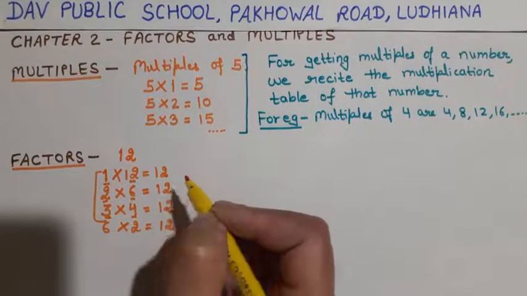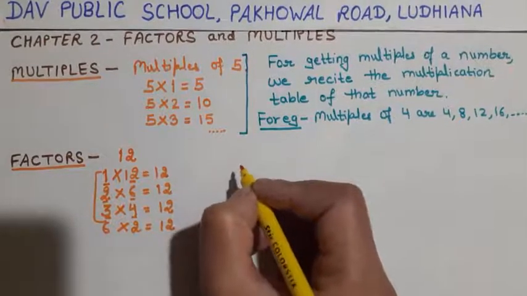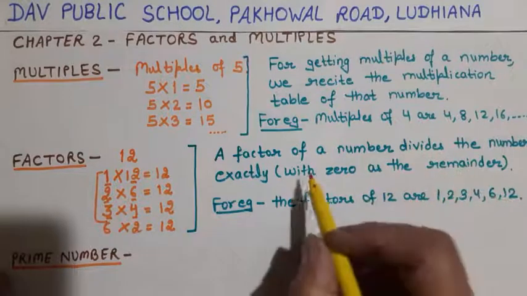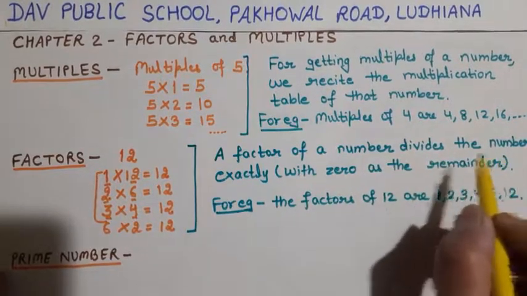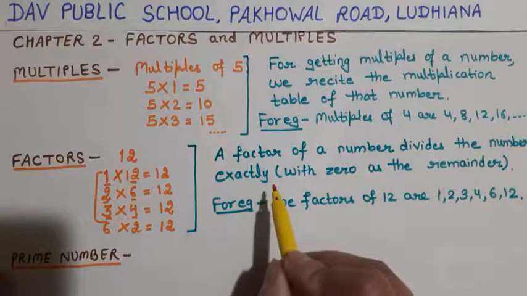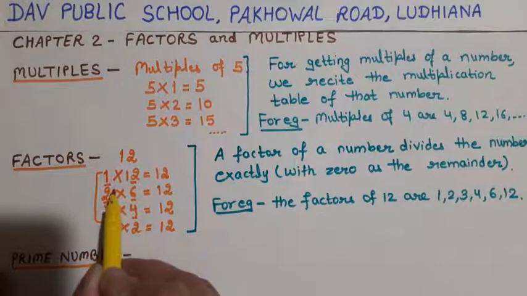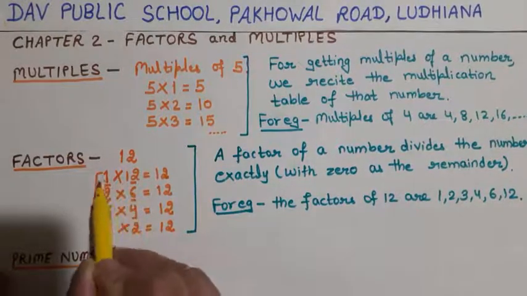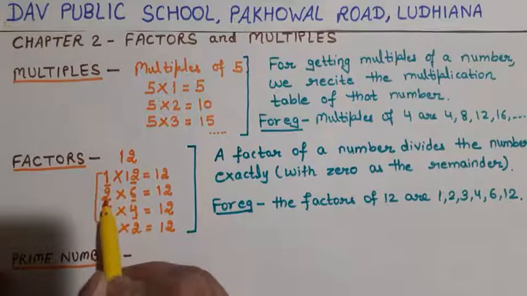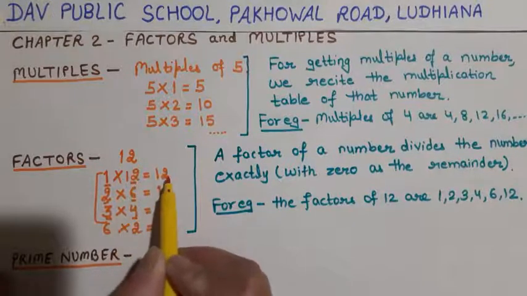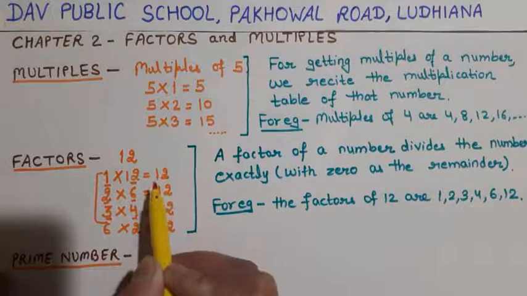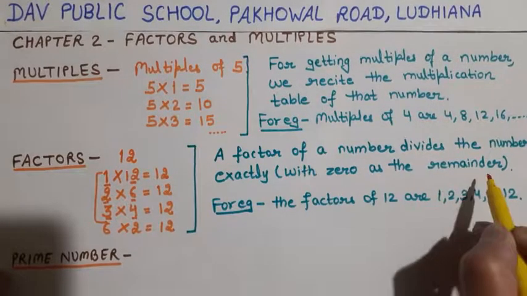Okay. So see its definition. A factor of a number divides the number exactly. As in the example we discussed, all these numbers 1, 2, 3, 4, 6, 12 divide 12 exactly, means with no remainder. The remainder is 0 here.